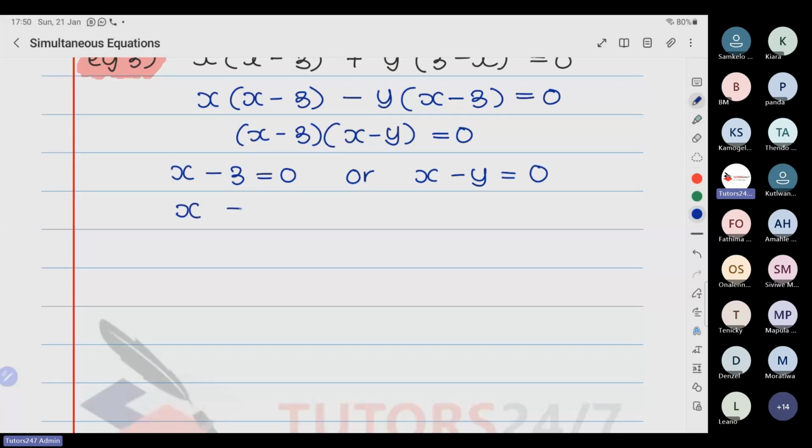So we have x is equal to positive 3. Here we have x is equal to y. And we know that x is equal to 3, which then means that y is also equal to 3, because the equation on the right stated that x is equal to y. If x is 3, that means y is 3 because x is equal to y.